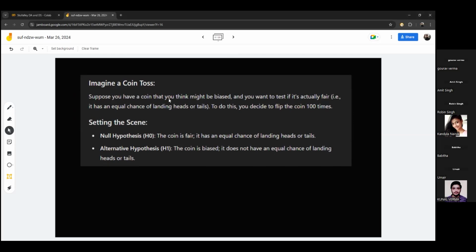Biased means which gives uneven result, right? Not the equal result. And you want to test if it's actually fair or not, whether it has an equal chance of landing heads and tails or not. How to do this? You decide to flip the coin 100 times, right?